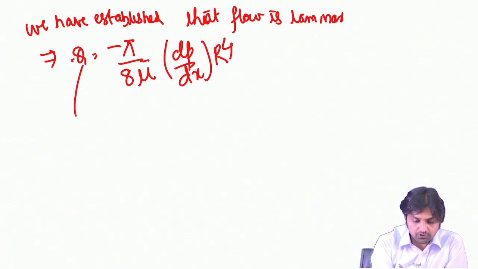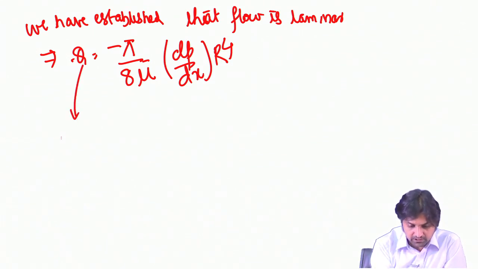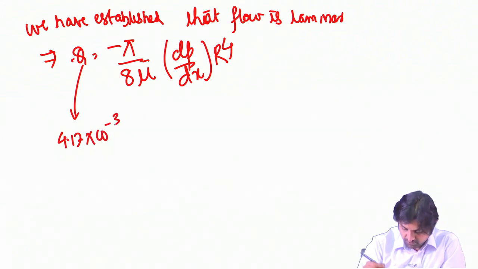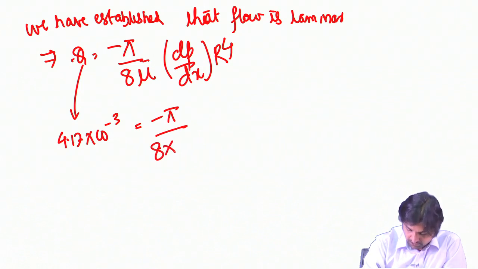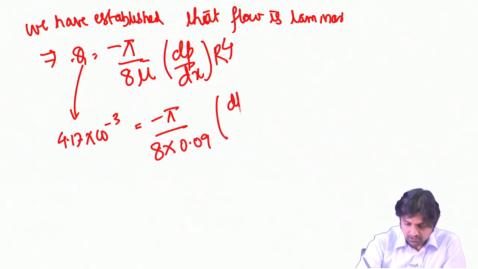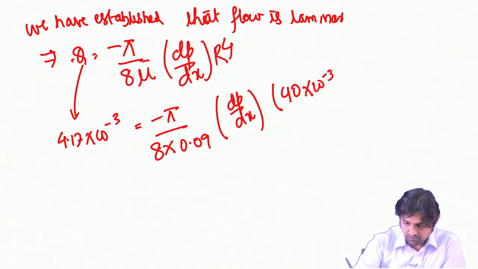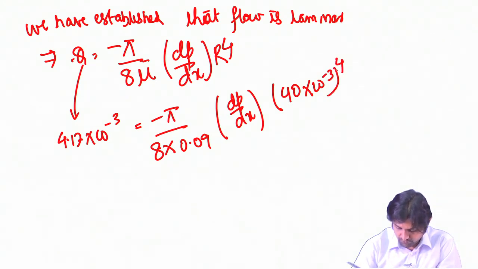The Q value we already know, 4.17 into 10 to the power minus 3, is equal to minus pi by 8 into 0.09, dp dx, into r, which is 40 into 10 to the power minus 3, to the power 4.